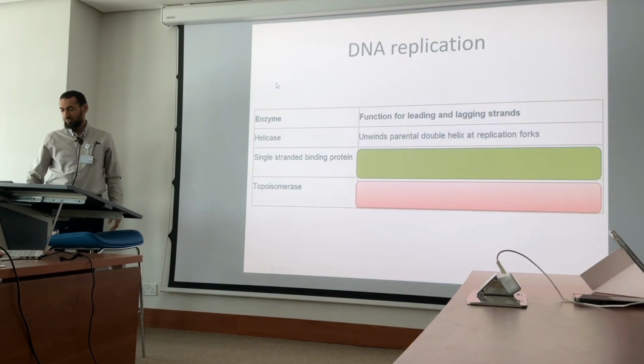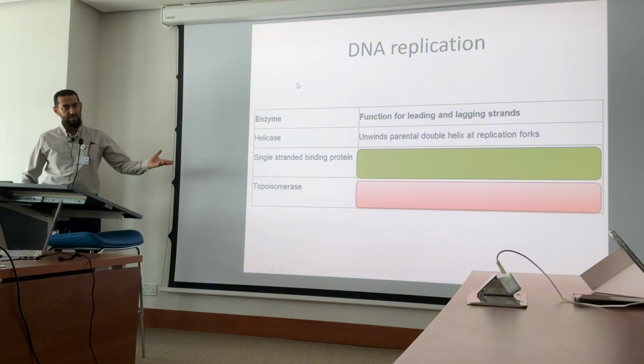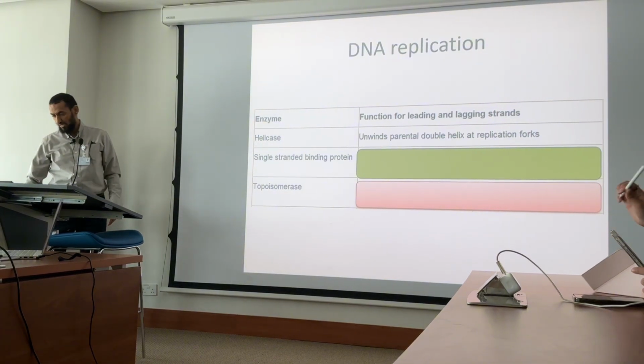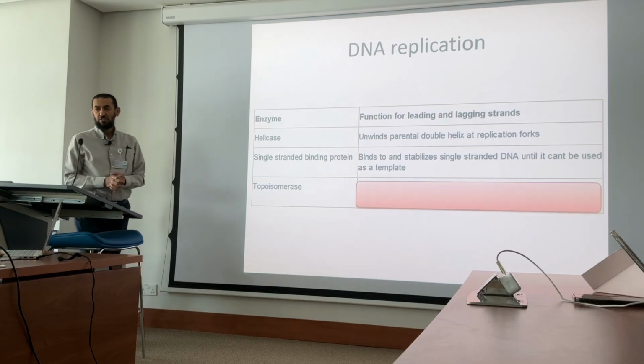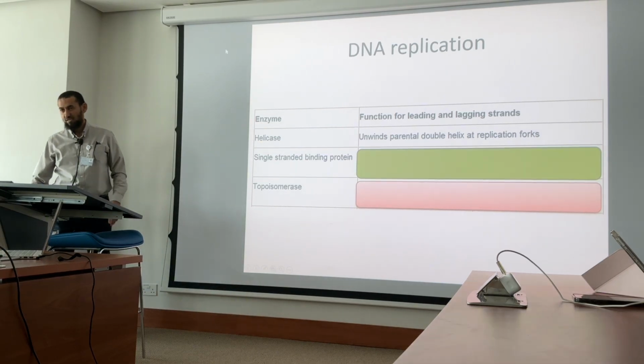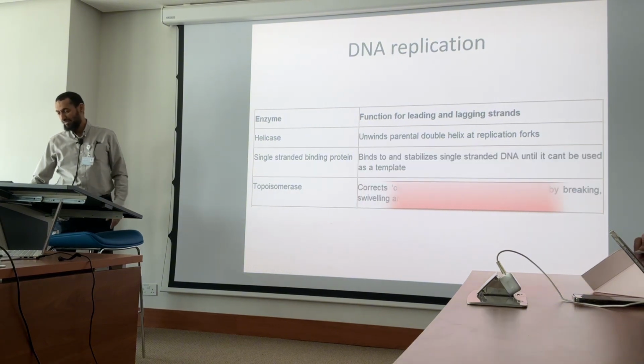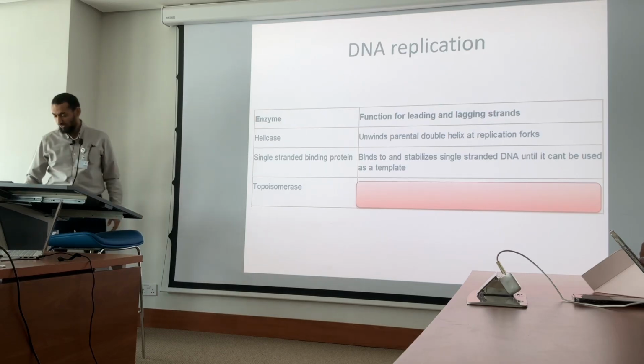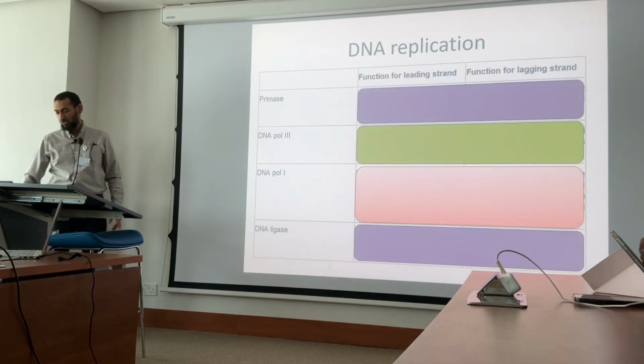Rapid review. Helicase, the function for leading and lagging strand. The helicase function is what? Unwind. Excellent. Single strand binding protein: stabilize from rewinding again. Topoisomerase: solving the supercoil issue.